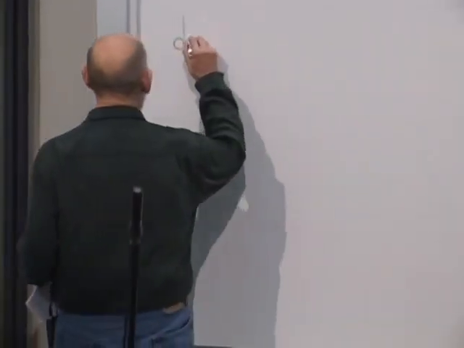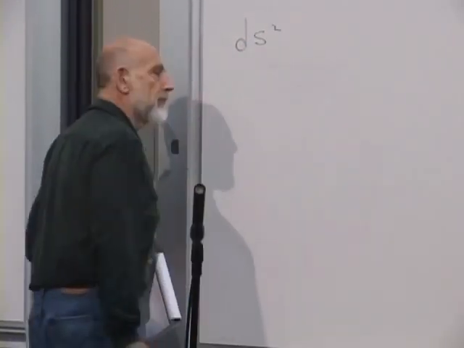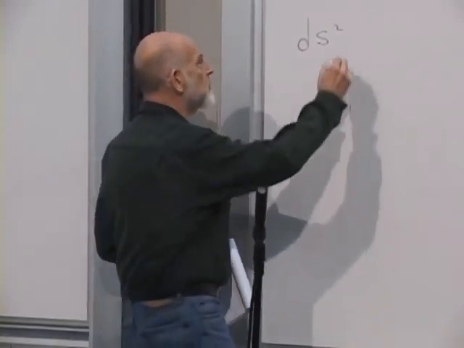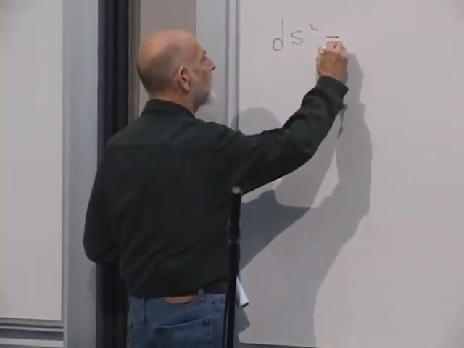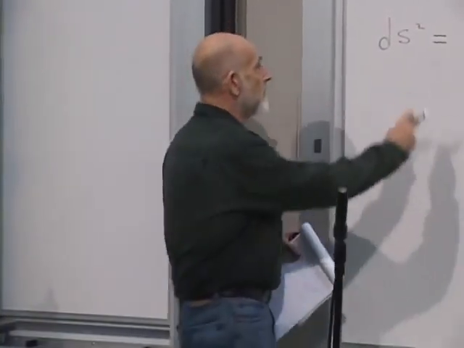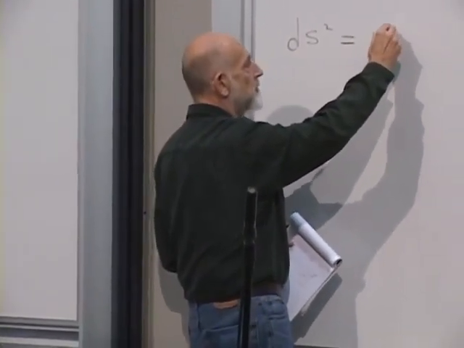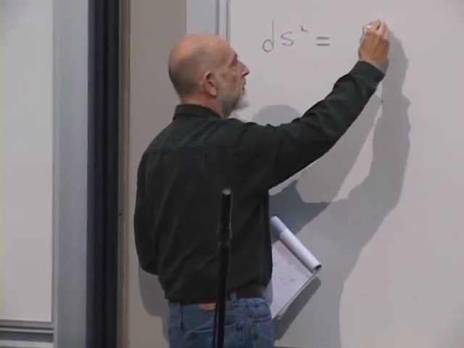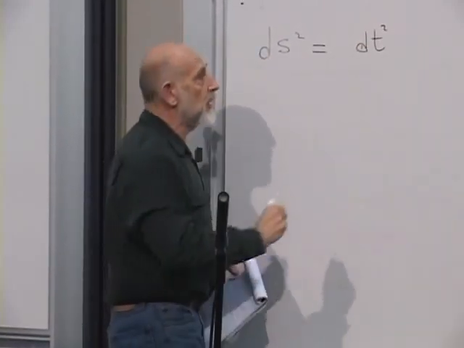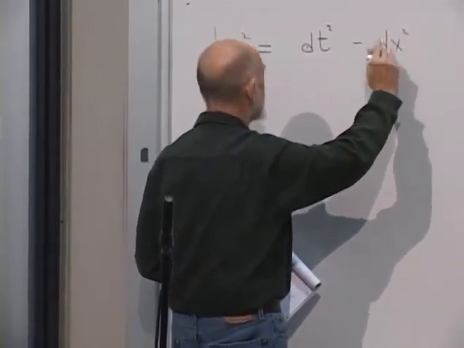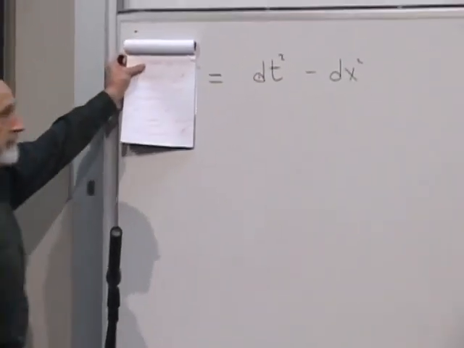Proper distance squared is just the negative of the proper time between 2 points. I'm partly doing that for variety, partly because it will keep me sane, because I know all of these formulas in this form. Remember that what we wrote for d tau squared, in flat space, was just dt squared minus dx squared plus dy squared plus dz squared.